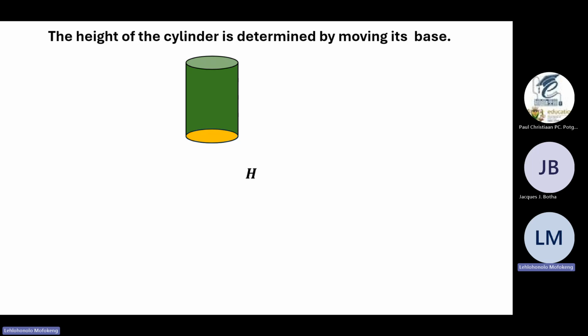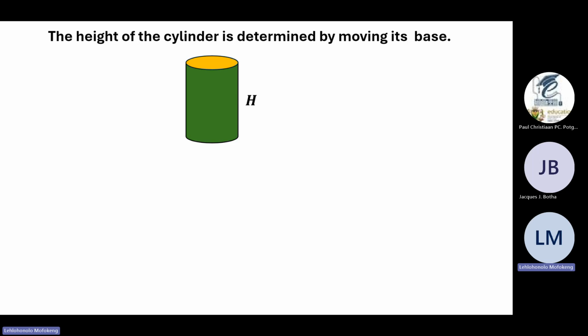As you can see there, the base in orange color, not the green one. Now we show how the base is moved in order to create a height. There we go. This is how the height of the prism is created. In other words, the base is moving a particular height to have the cylinder.